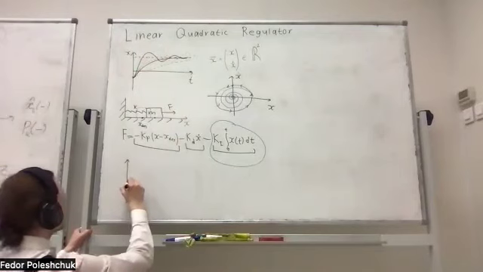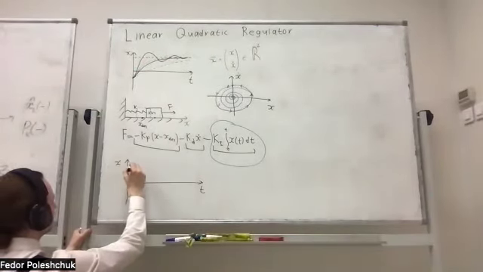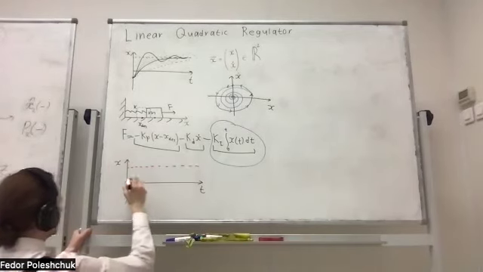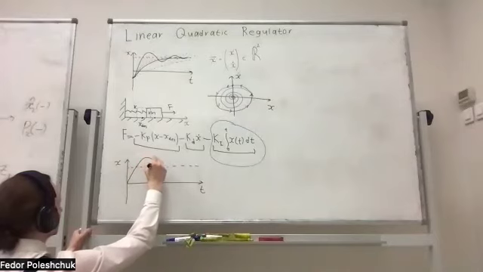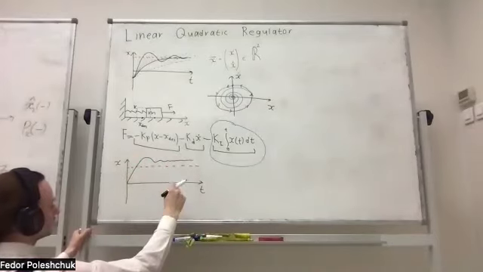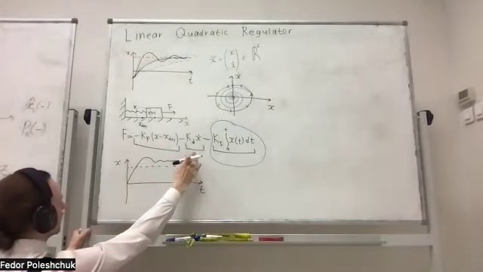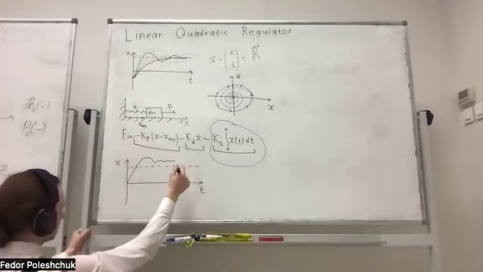It will be just another x of t. So let this be the desired position. And say we have somehow reached the vicinity of the desired position.